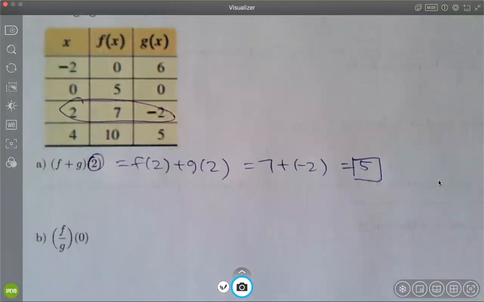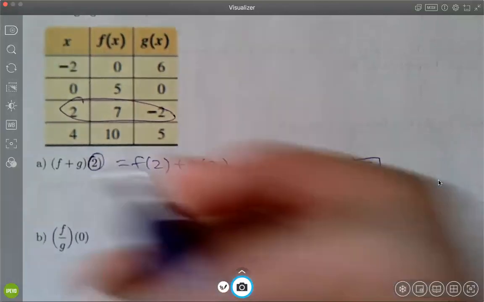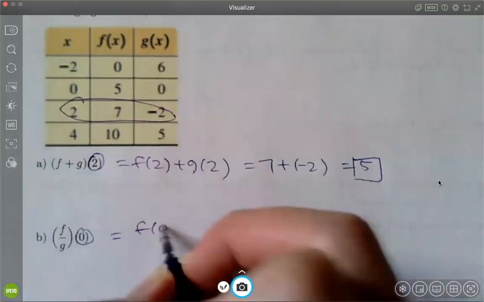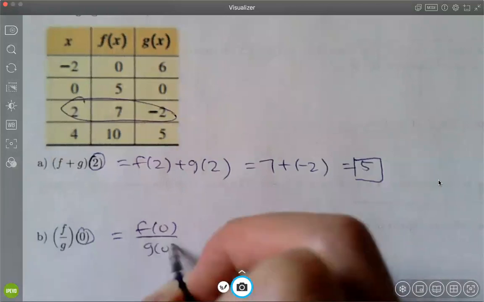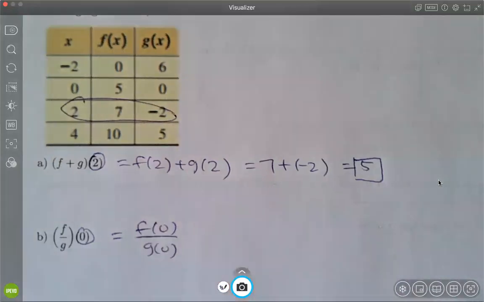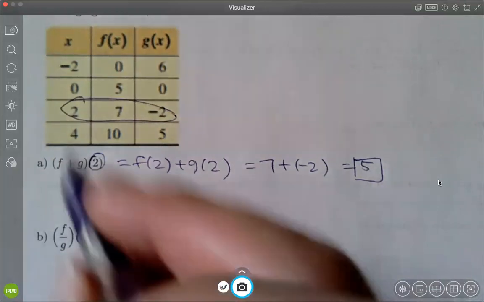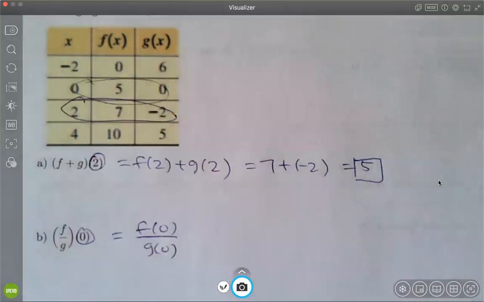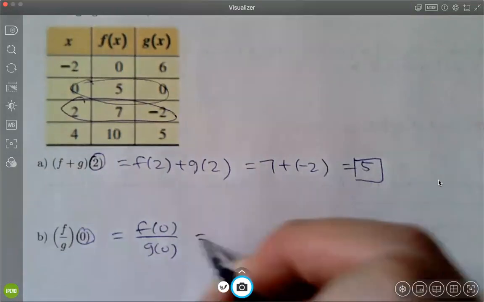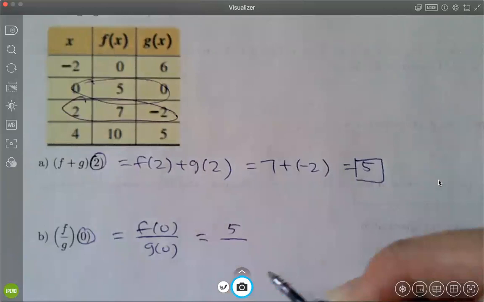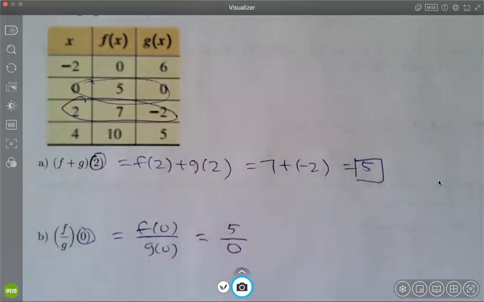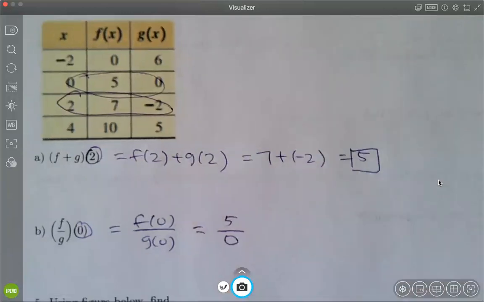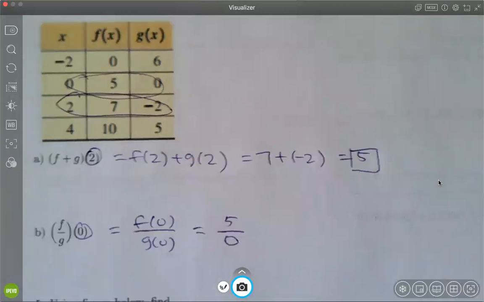And now f over g of 0. Okay, so what does that mean? It's f of 0 over g of 0. So now, which row do we have to look at? The one above, right? And what is f of 0? 5. And g of 0 is 0, right? Okay, so now, what is 5 over 0?